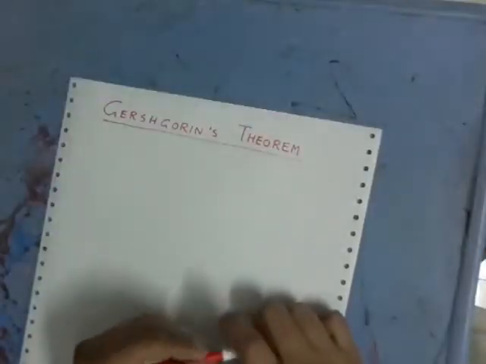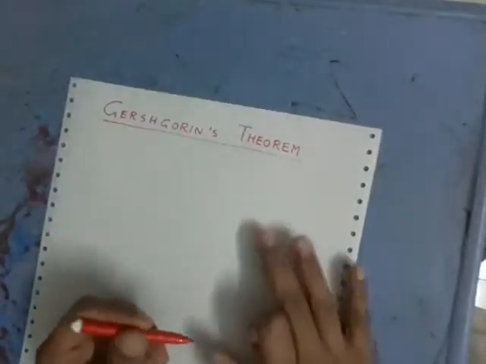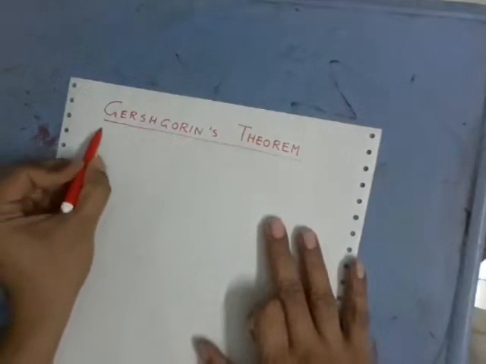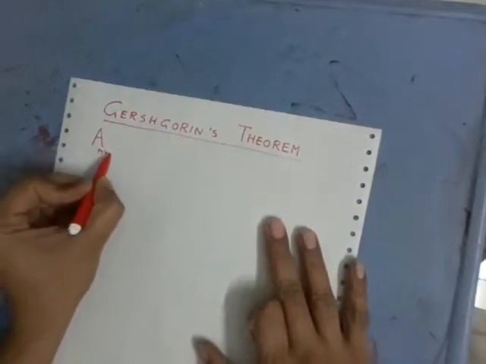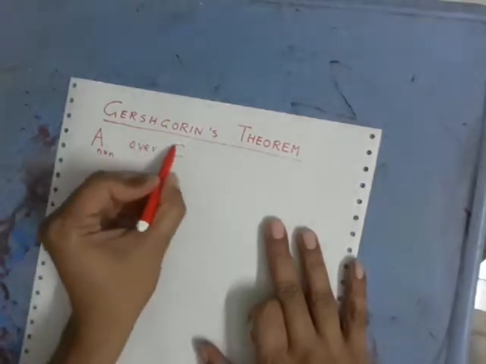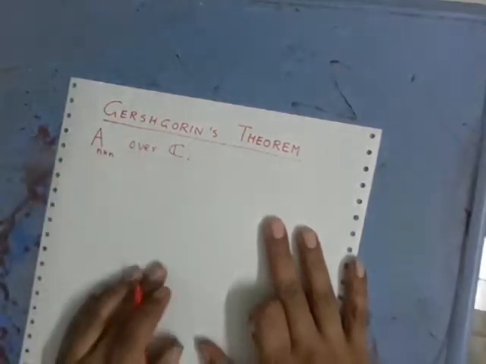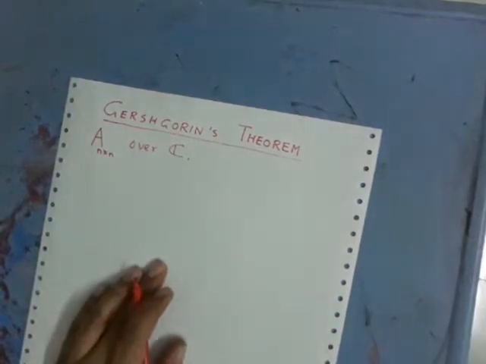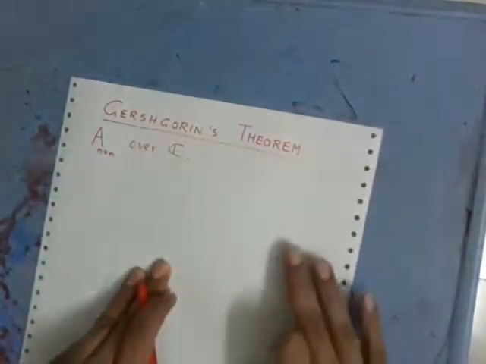It works with any square matrix with possibly complex entries. It is a theorem about any n by n matrix over the complex field. In particular, it also applies for matrices which have got all real entries.